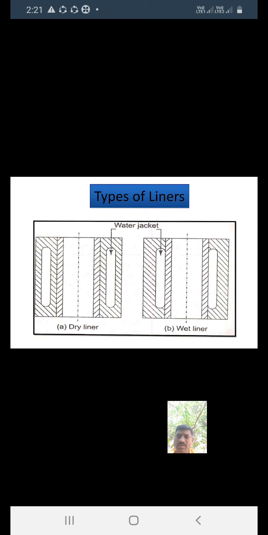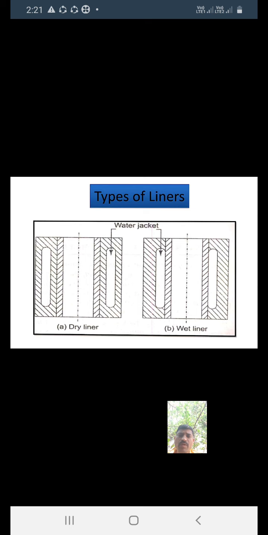Then the disadvantage of the dry liner is that the cylinder blocks are complicated and hence difficult to manufacture. And heat dissipation is not very effective through the composite wall of the liner and the cylinder. This is one of the disadvantages of the dry liner.